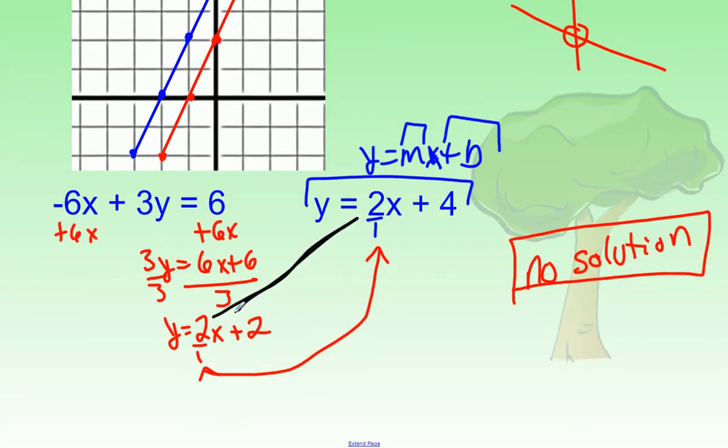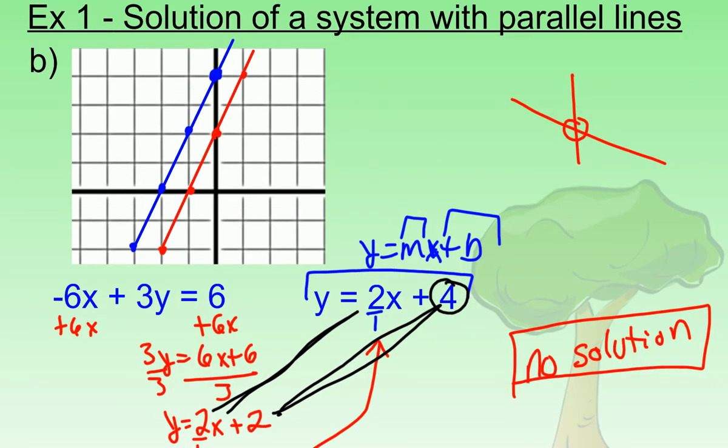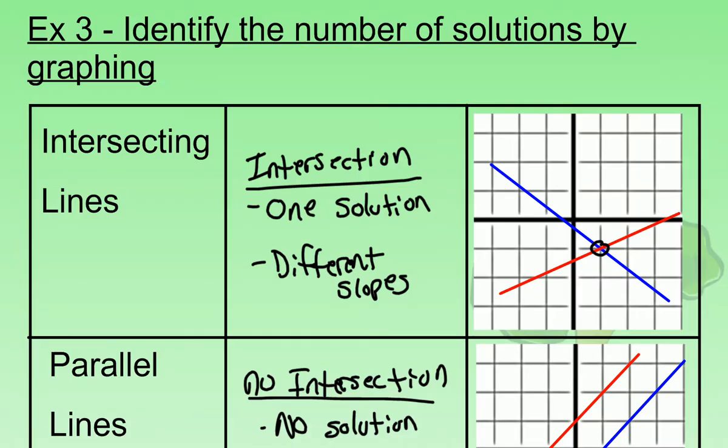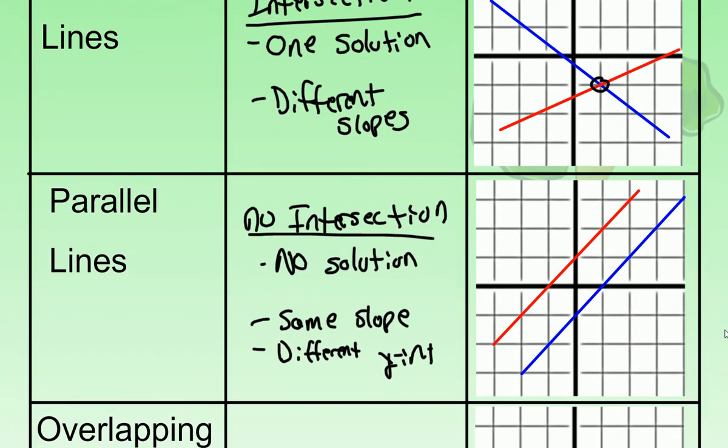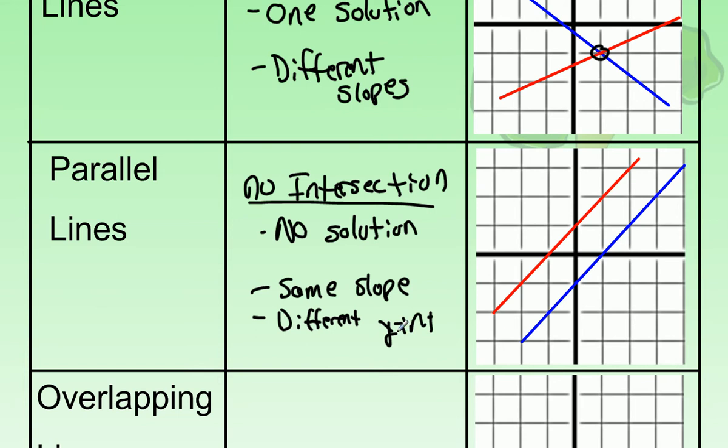That's what makes these lines parallel. They have the same slope, different y-intercept. Because of all this, there's no intersection point, therefore there is no solution.